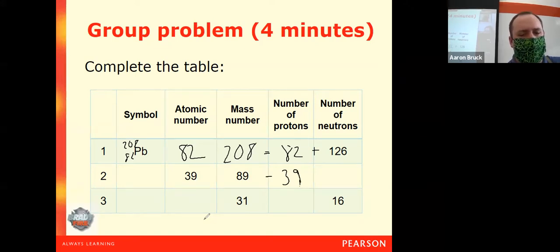Mass number minus protons will give me the neutrons, which would be 50. For the symbol, atomic number 39 corresponds to element Y, yttrium. And I would put the mass number on top, 89, the atomic number on the bottom, 39. And there we go.